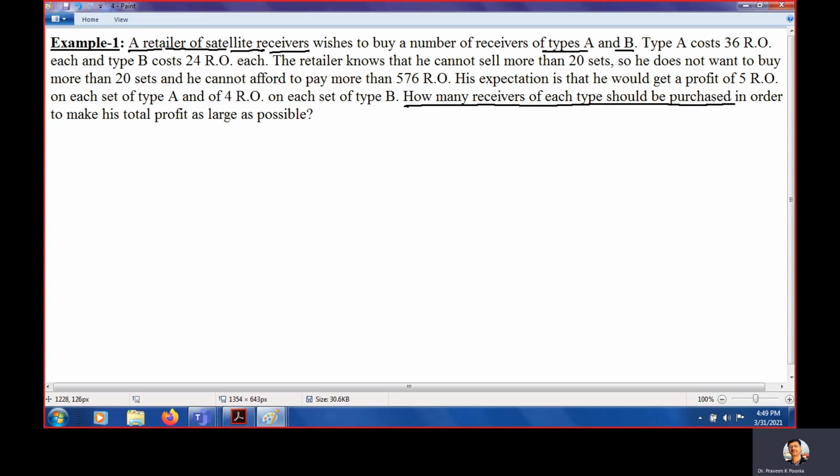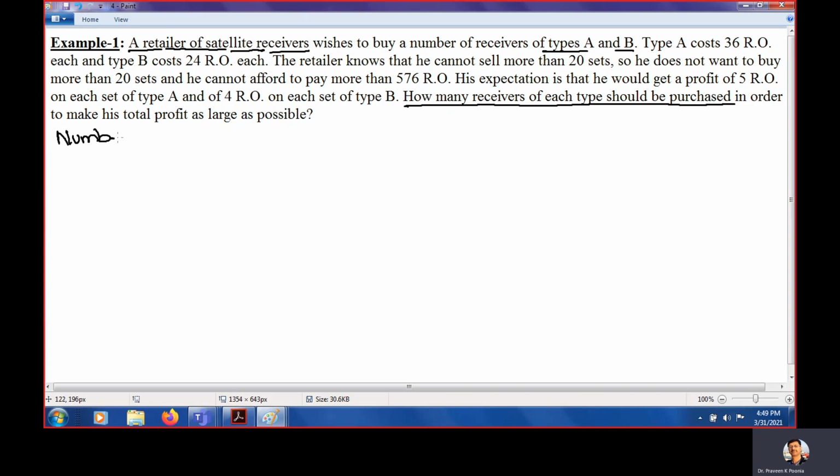My meaning is the shopkeeper wants to buy 2 types of receivers, type A and type B. And the question is, how many receivers of type A should he buy? How many receivers of type B should he buy? So dear friends, these are the decision variables.